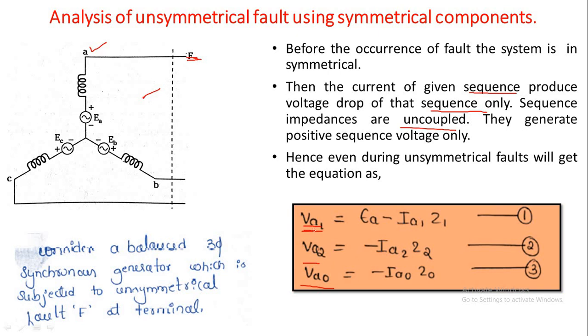VA2 equals minus IA2 into Z2. Similarly, VA0 is minus IA0 into Z0.